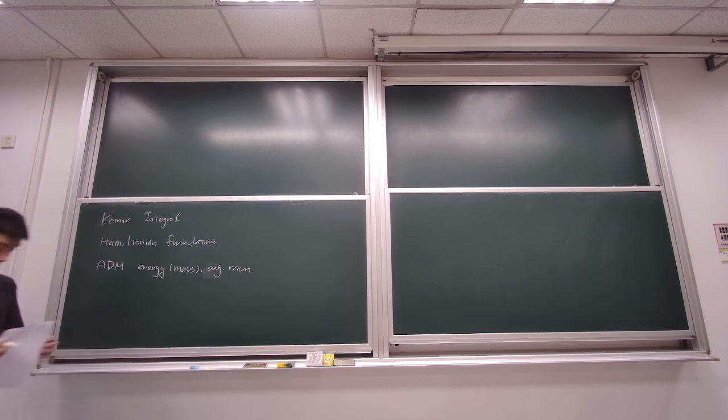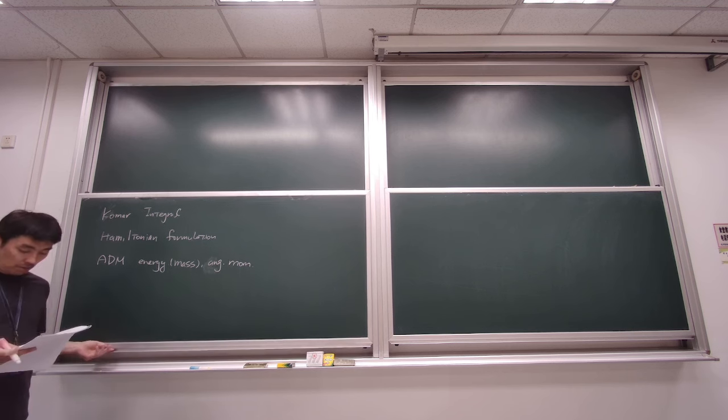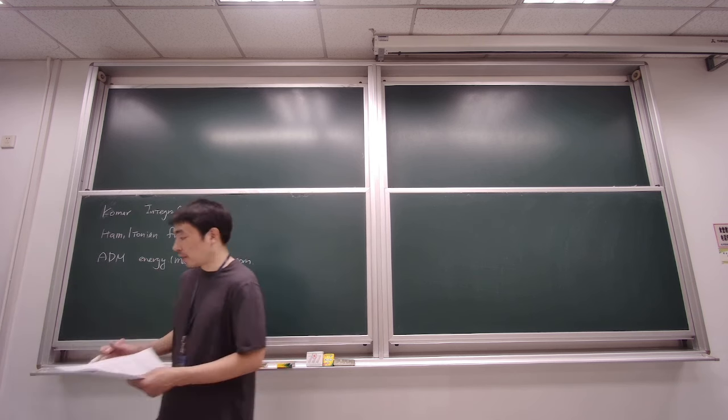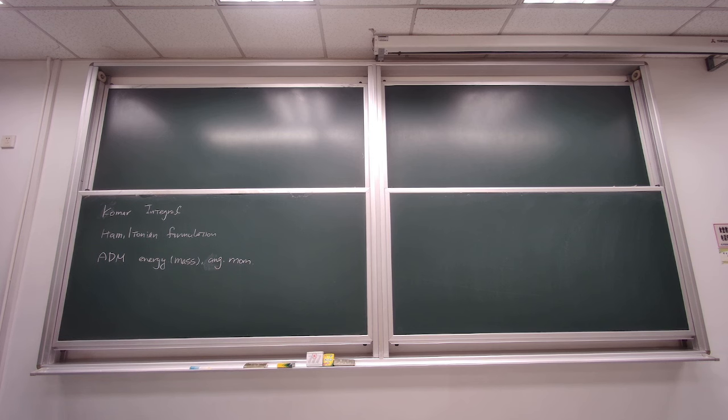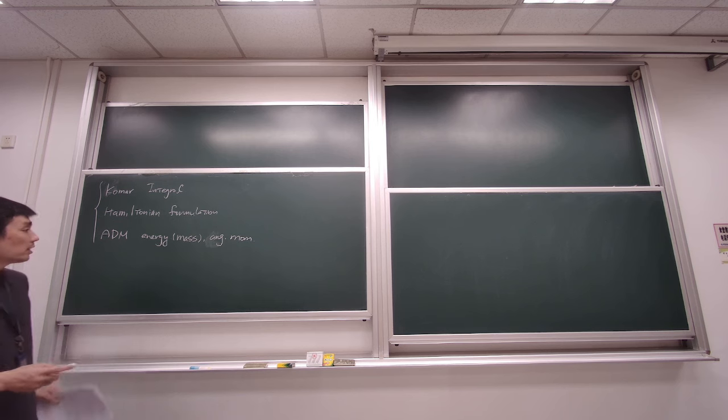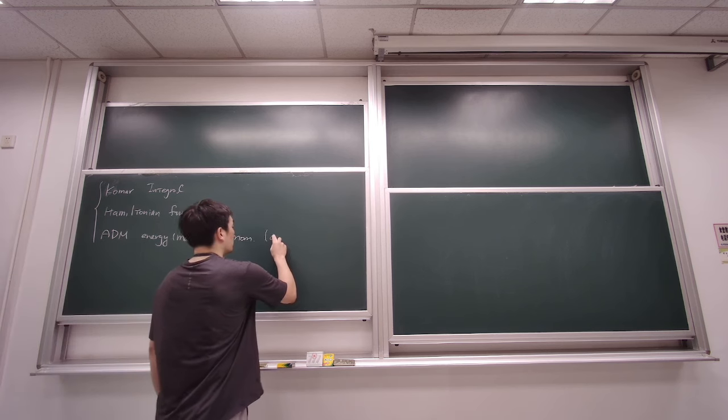Okay, so that's the plan. If time permits, I'll go to black hole dynamics, but I'm not going to rush. As I mentioned, in this course I will go a bit slower than my usual pace. So these are today's topics, and then the answer to the last question.